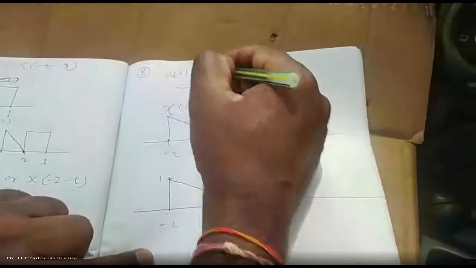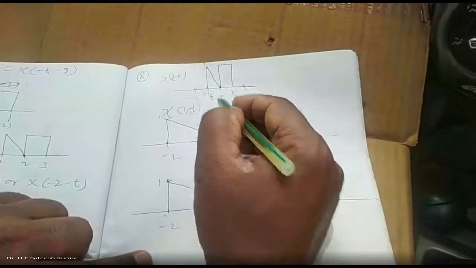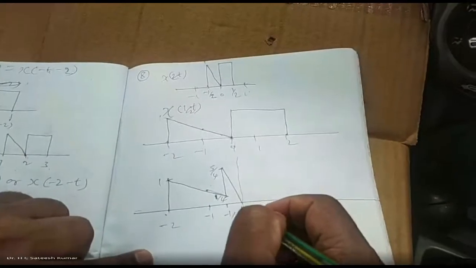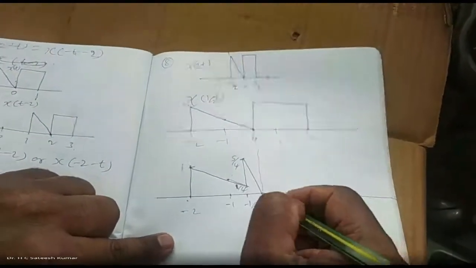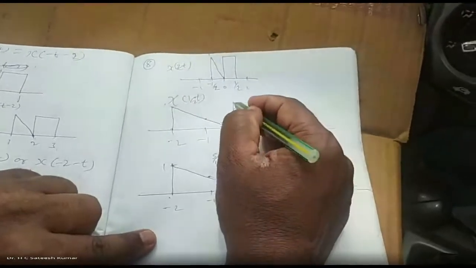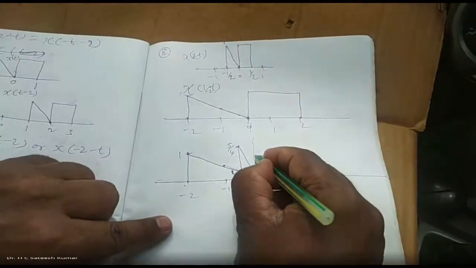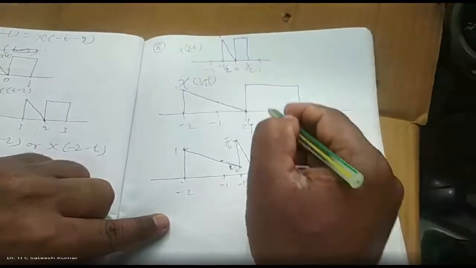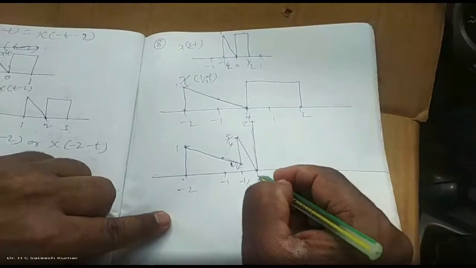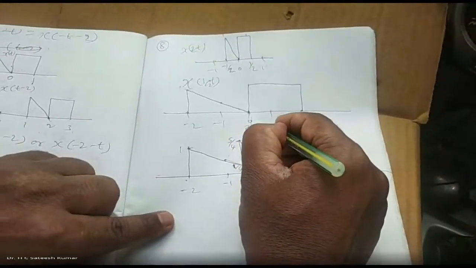Decrease plus decrease. So from -half to 0, there is a decrease of 5/4. So it is decreased to this point, from 5/4 to this point. Now, increase by 1 unit, increase by 2 units, go up to 2. 1 plus 1 is 2, up to half only. This is 0, up to half only. So, up to this point.